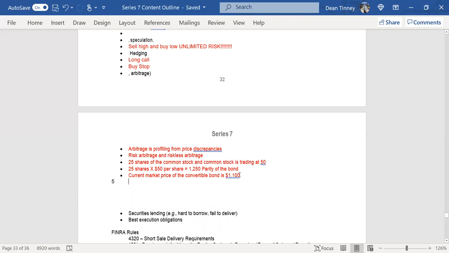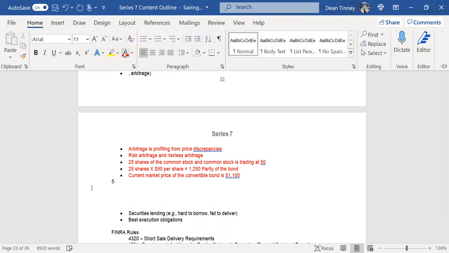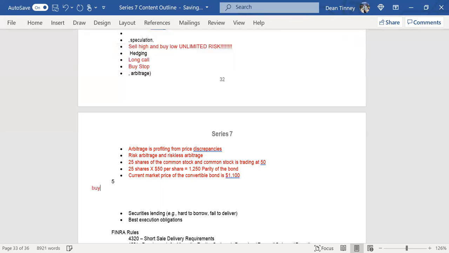So one thing I could do is what's called risk arbitrage. And maybe I would buy as many bonds as I can, but just to keep my math simple, let's say I buy 4 of these bonds for 1,100.